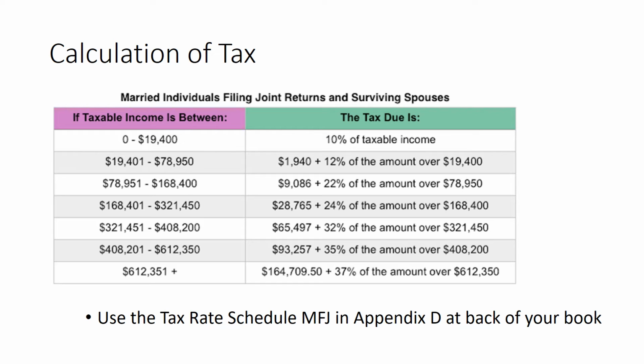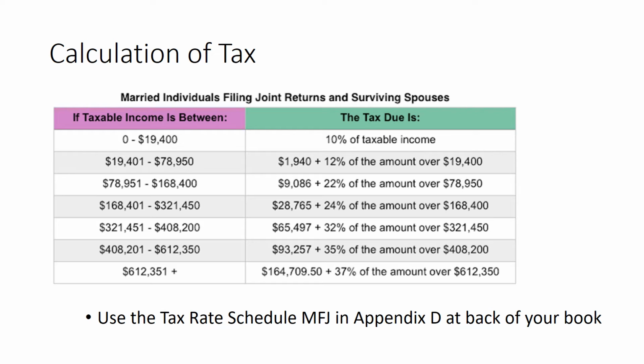From $19,401 to $78,950, it's taxed at 12%. Now in your book, in the appendix, it says if taxable income is over 0 but not over 19,400. Okay, so the first 19,400 is taxed at 10%, and that's what that's saying.